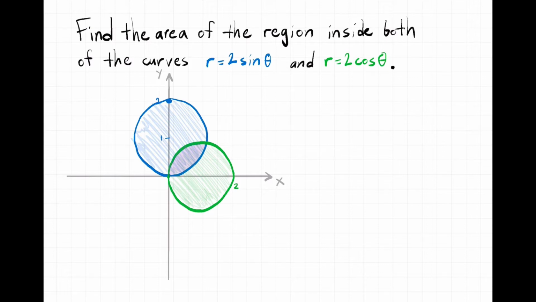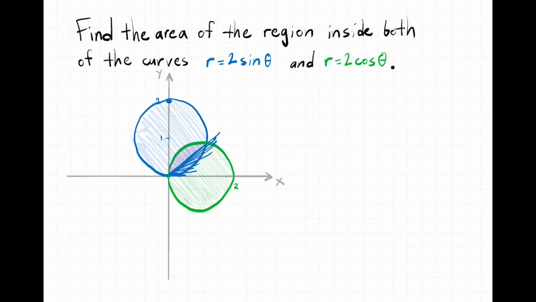Well, it's important to figure out which curve or curves are bounding the region that we're interested in. And the situation we have here is that for different values of theta, we have different curves with different functions bounding that region. So when theta starts off at 0 and goes out a certain ways, the blue curve is the curve that is bounding that region.